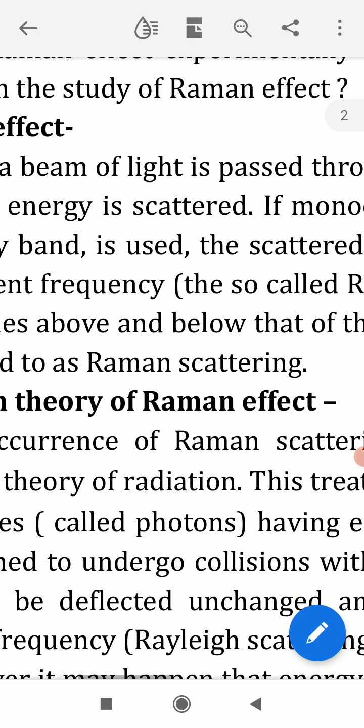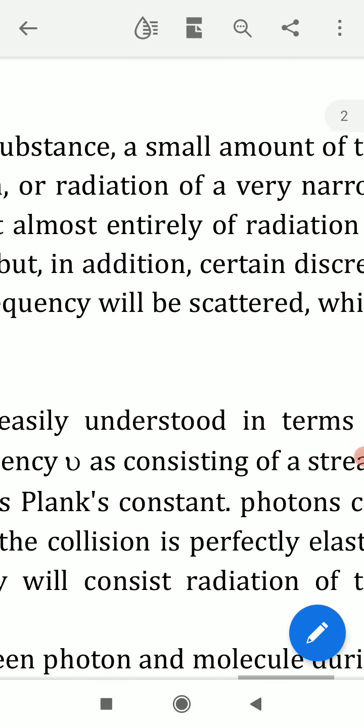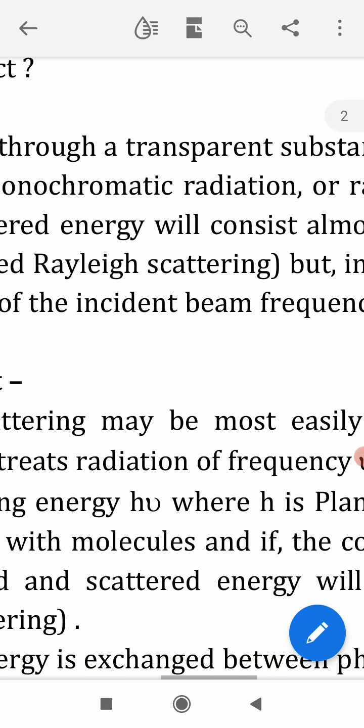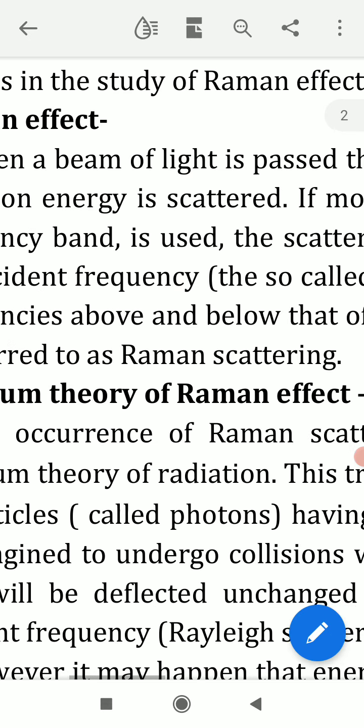When a beam of light is passed through a transparent substance, a small amount of the radiation energy is scattered.